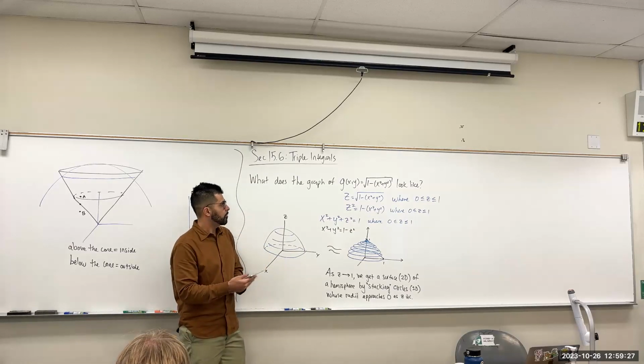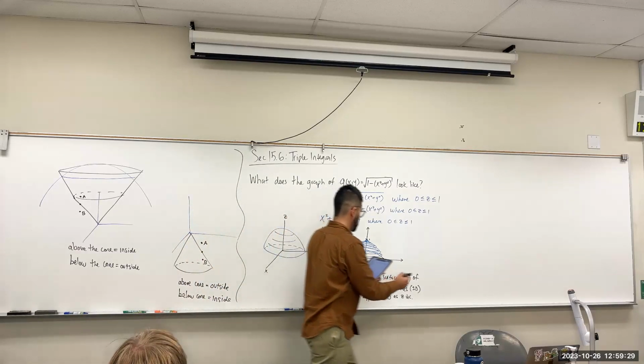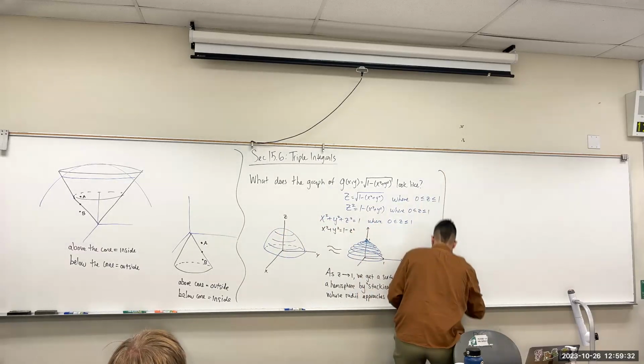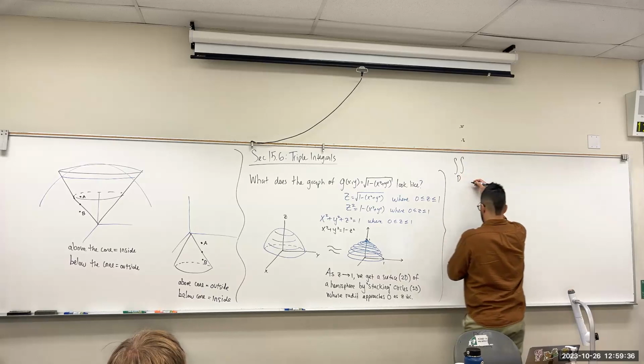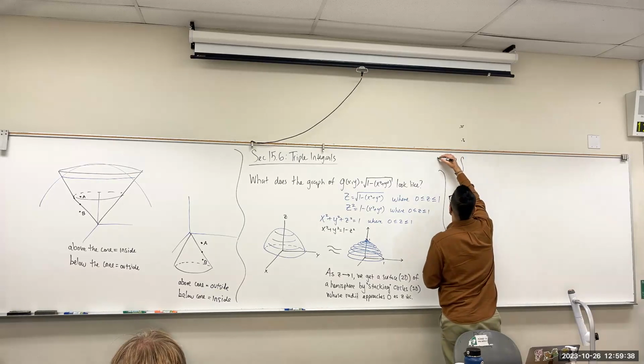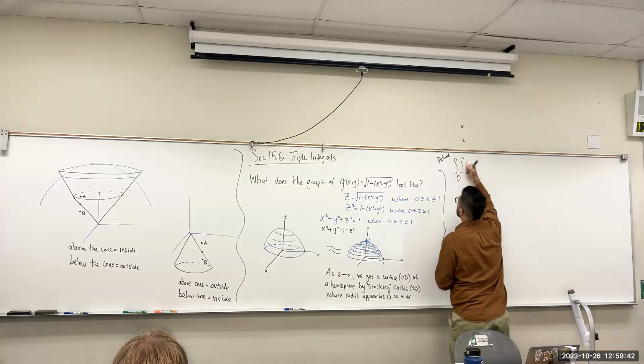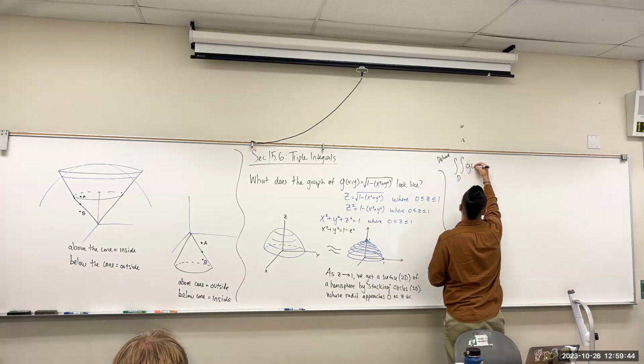Okay. So then what did we do with a function of two variables? Then we used all this stuff and we defined a double integral. We defined this double integral of this particular function, for example.